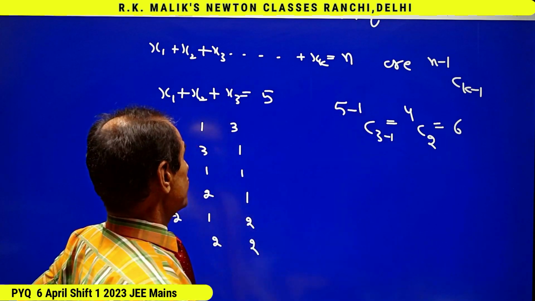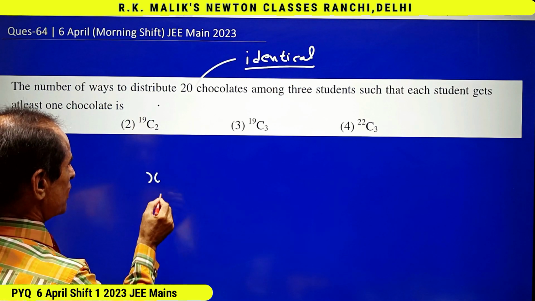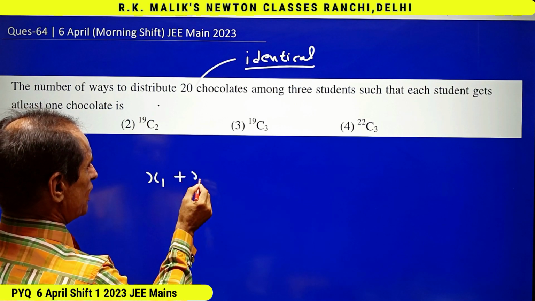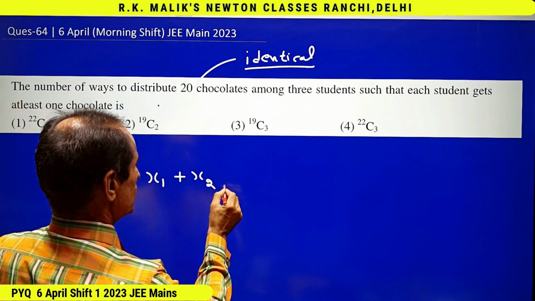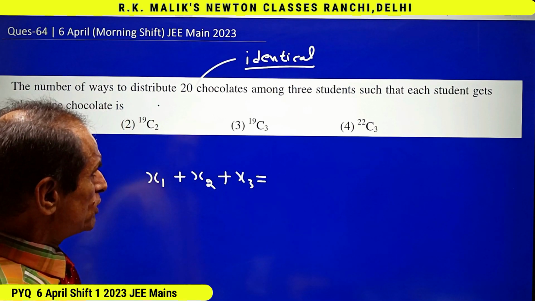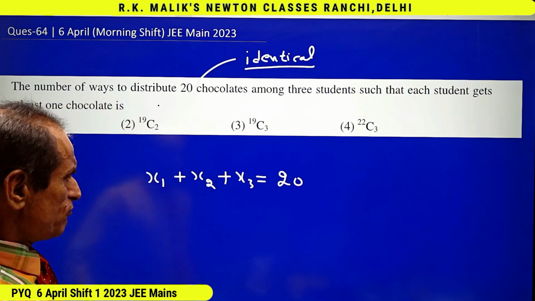As there are 3 students, let x1 be the number of chocolates given to the first student, x2 the number of chocolates given to the second student, x3 the number of chocolates given to the third student, and because the sum is 20, we have got this equation.